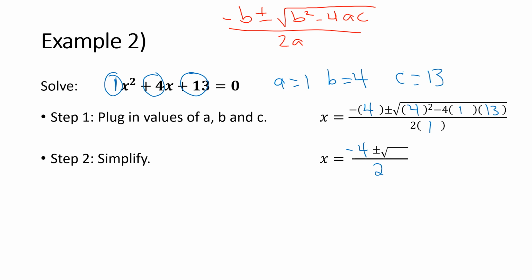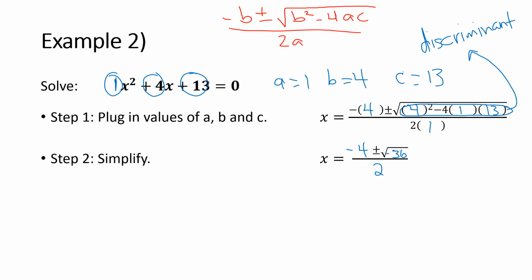And underneath the radical, using my calculator, but not actually typing in the square root yet, just calculating the discriminant, the value under the radical. 4 squared minus 4 times 1 times 13. I'm calculating -36. All right, so we've got a negative under there.